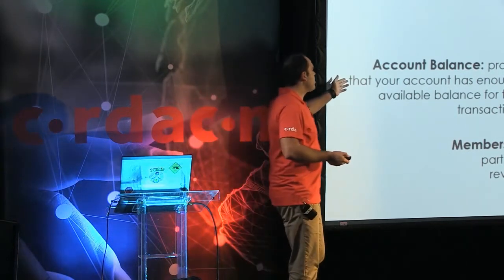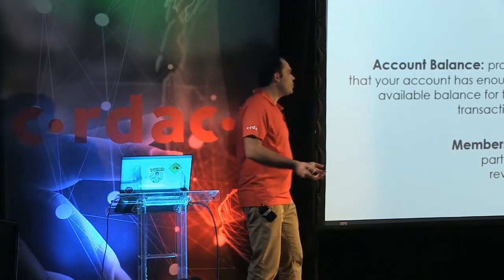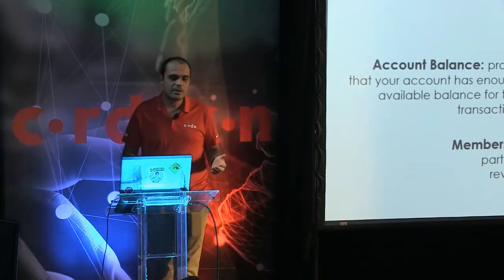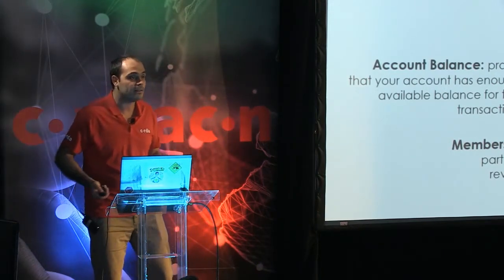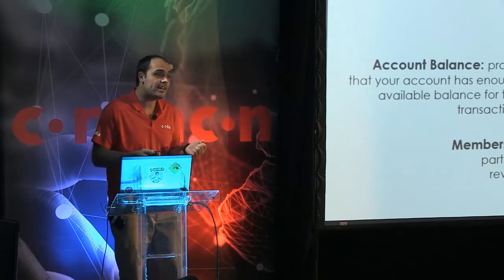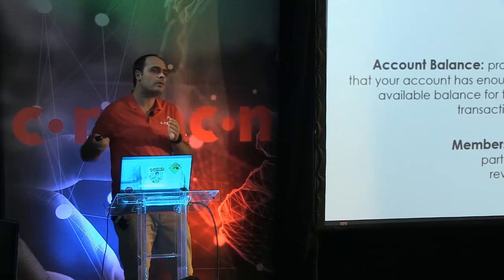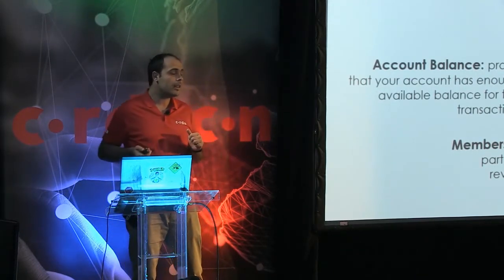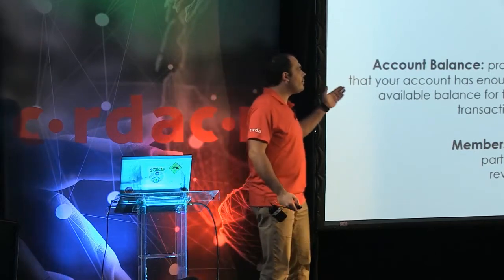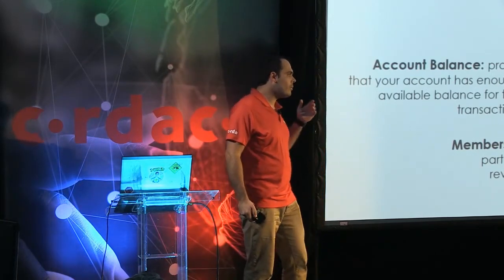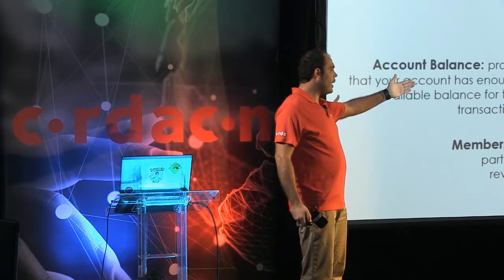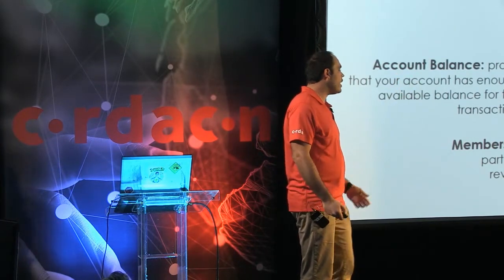What's more important is we can now prove that we can make a transaction without knowing the actual value we're transacting with. We just know that I had at least the amount required for this transaction in my account. These are all examples of zero-knowledge proof, and there are many other problems that we can reduce to an NP problem.